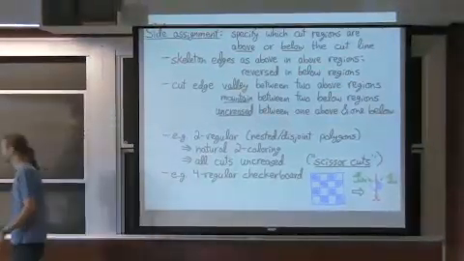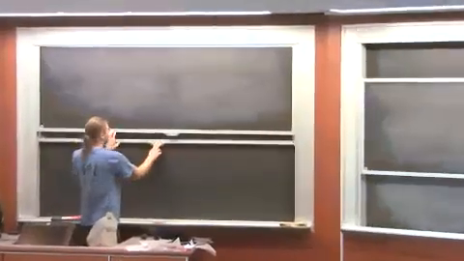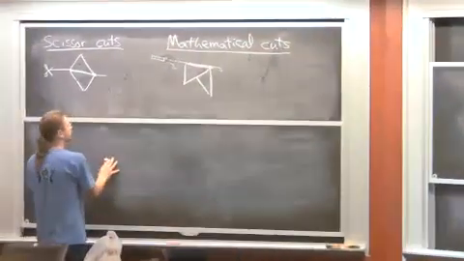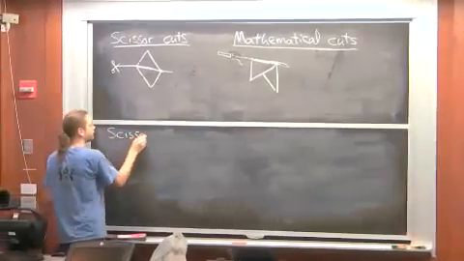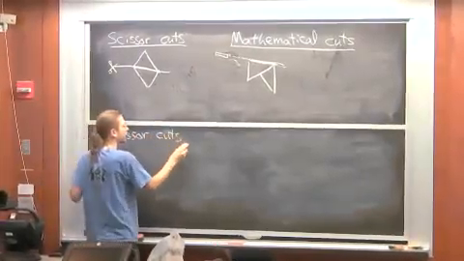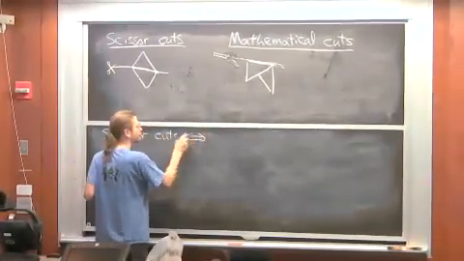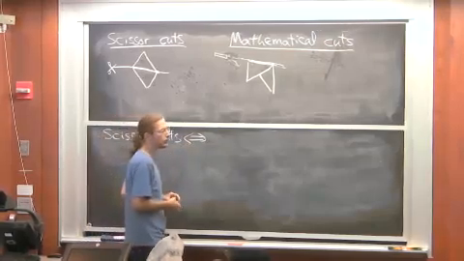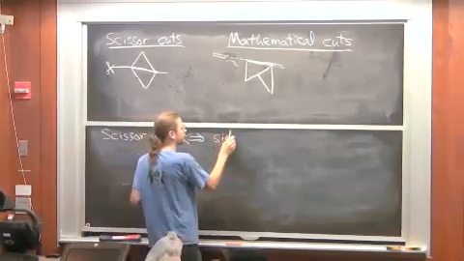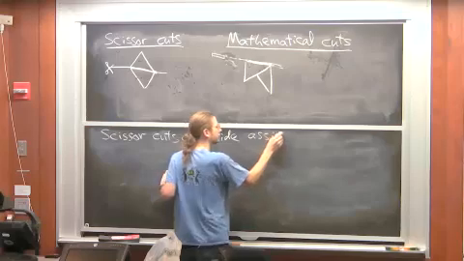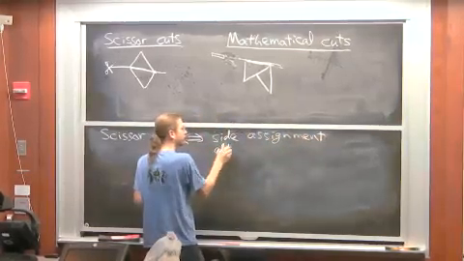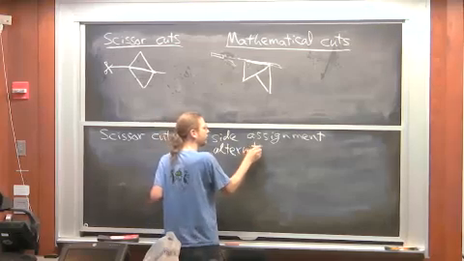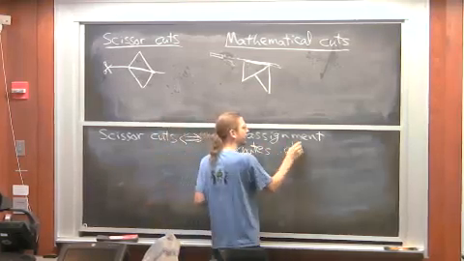In general, scissor cuts are going to be possible if and only if you can find a side assignment that alternates between above and below the cut line.